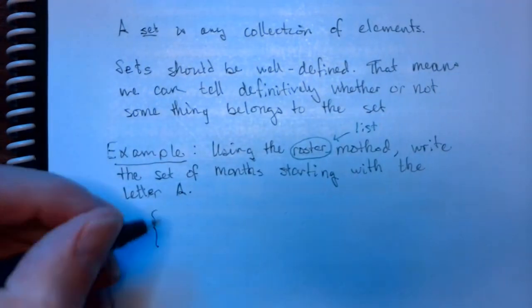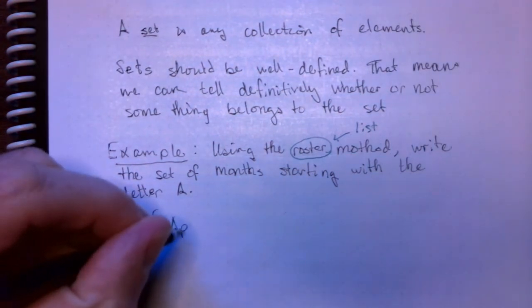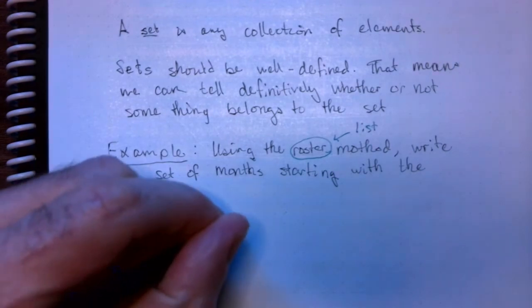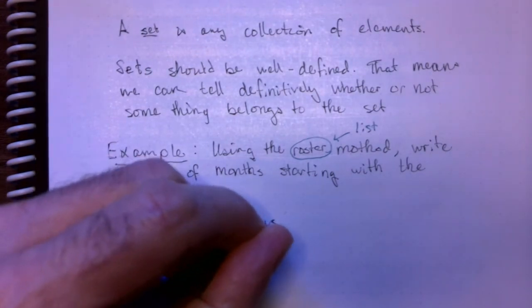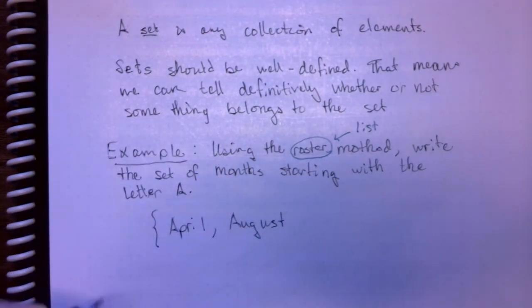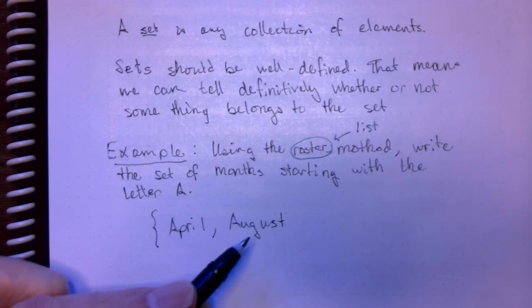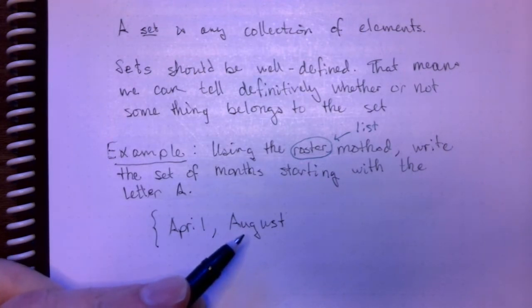And let me see here, I believe April, that's a month that starts with the letter A. And August, and let me see, I think that's it, right? You've got January, February, March, April, that's in there, May, June, July, August, we got that, September, October, November, December.